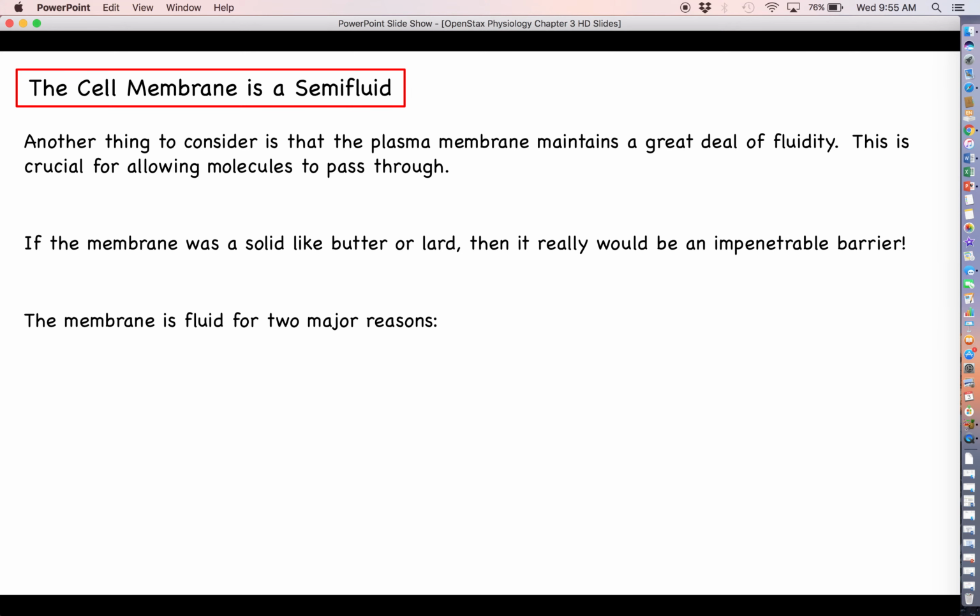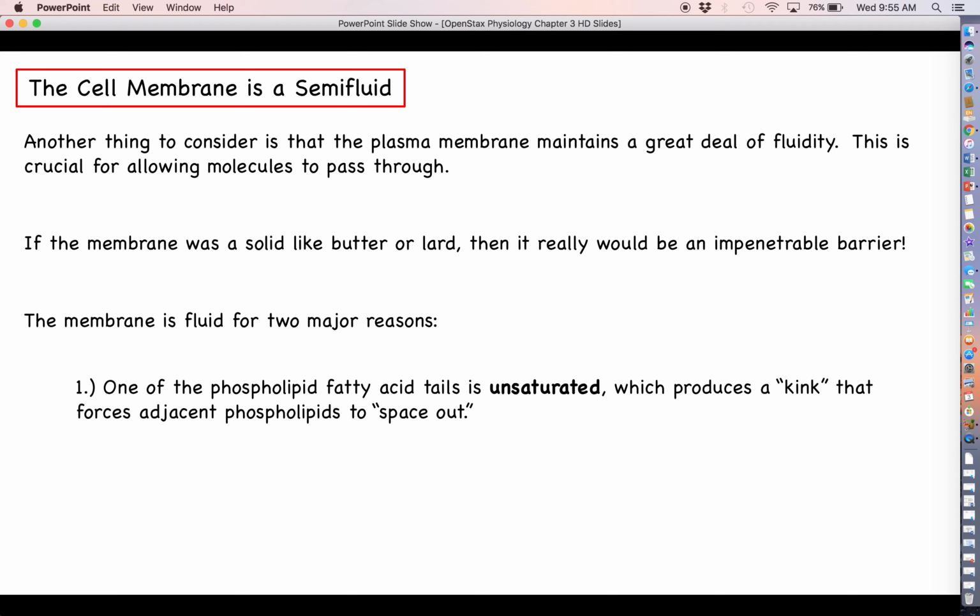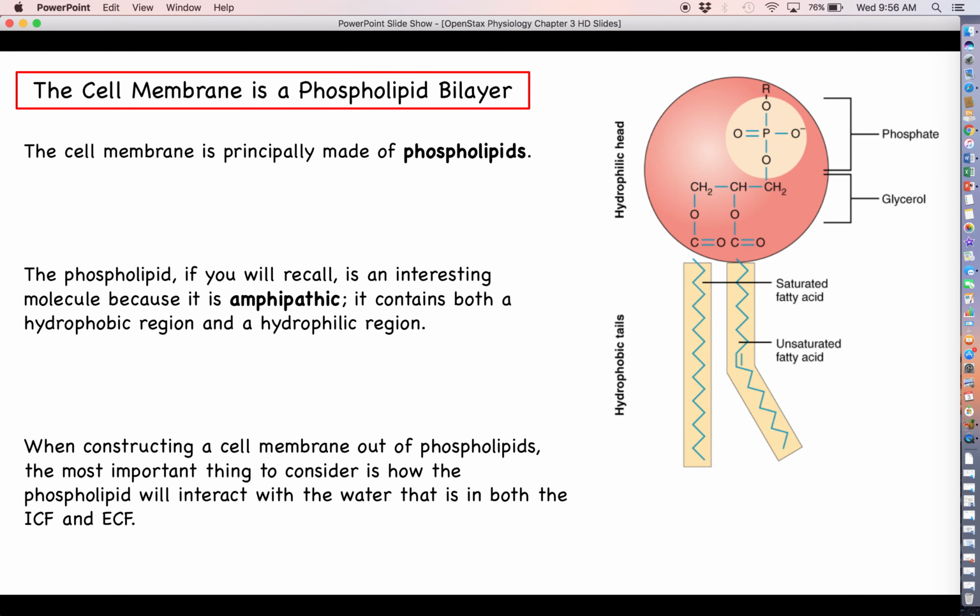So the membrane ends up being fluid for a couple of reasons. So number one, and we can kind of go backwards so you can see the picture again, one of those phospholipid fatty acid tails is of the unsaturated variety. So if we go backwards here, you can see that fatty acid tail on the right contains a double bond, which, as we indicated in chapter 2, is going to cause a kink in the ordinarily linear fatty acid tail, so this causes the phospholipids to kind of spread out a little bit.